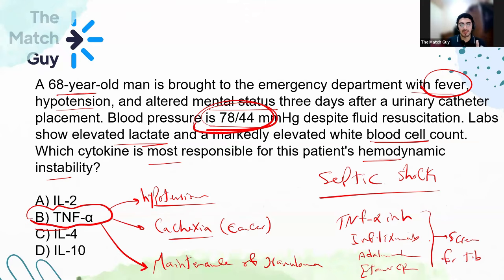Why? Maybe the patient has a latent TB inside of his body. And when you give the TNF alpha inhibitors, you will stop the granuloma formation. And now the TB will start disseminating in all the body. So before starting any of these medications, screen for the TB. And if the patient has latent TB, treat the latent TB before starting the TNF alpha inhibitor. Is that clear, everyone?